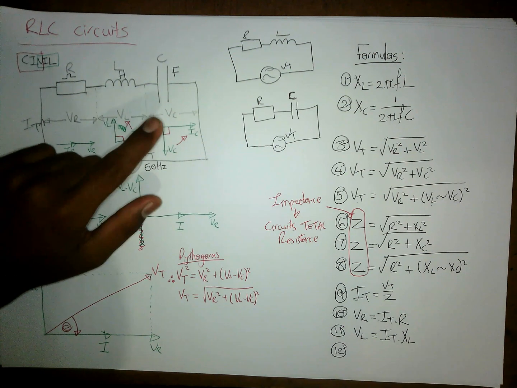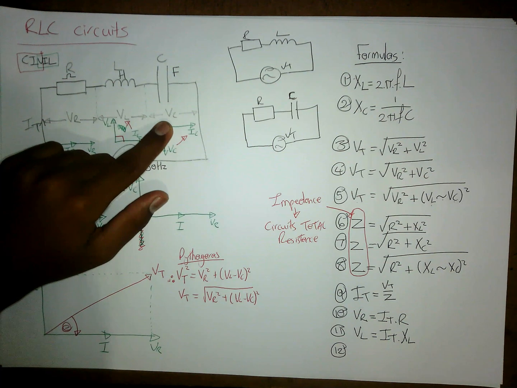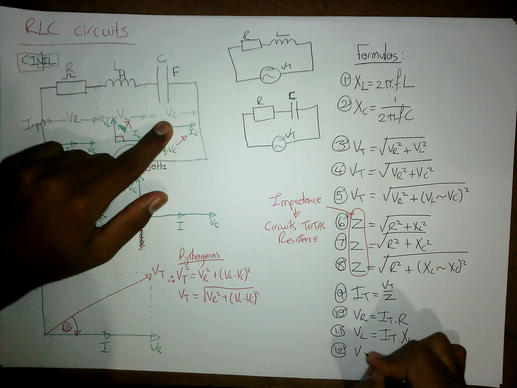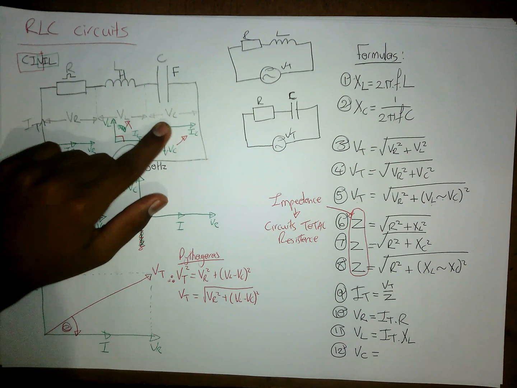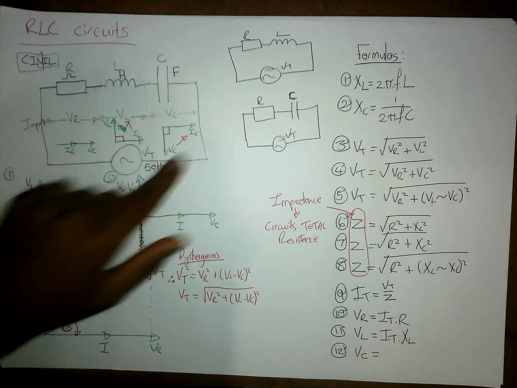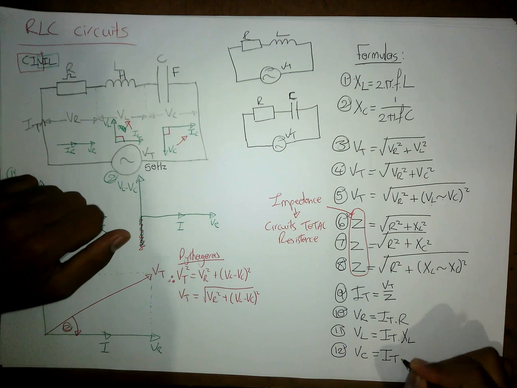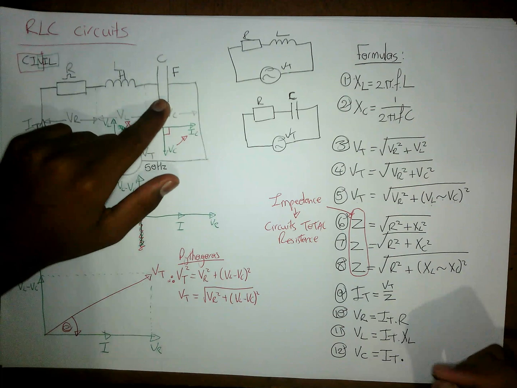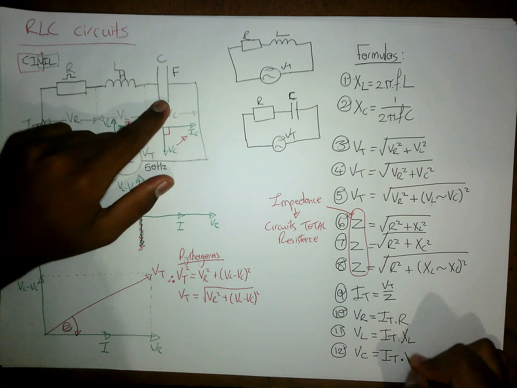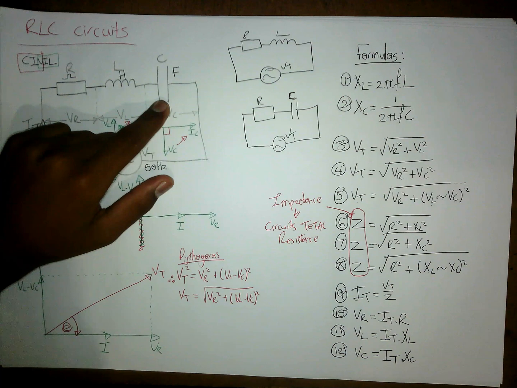Number 12, with the voltage drop of the capacitor, you say the current going through it, which is called I total, multiplied by the capacitor's resistance, called XC, capacitive reactance.